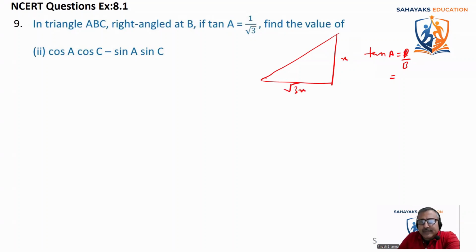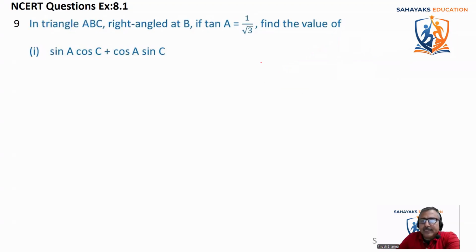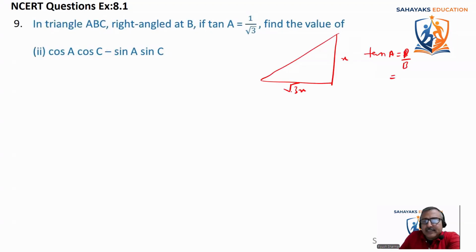And we computed it in our previous slide. This is right angle at B. So this is angle A and this is C.